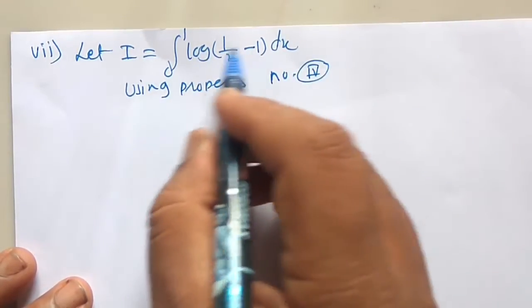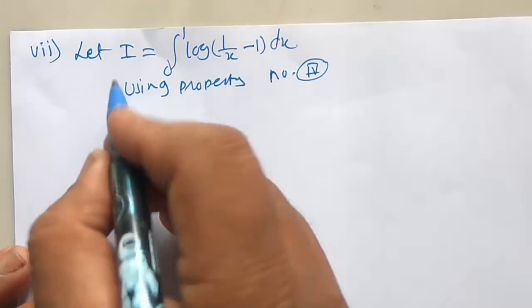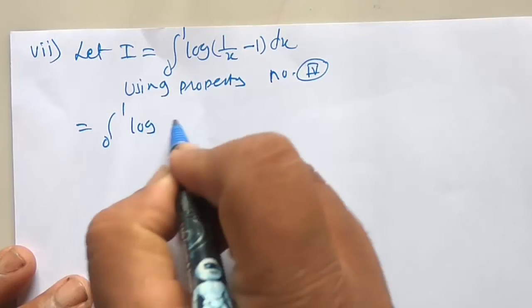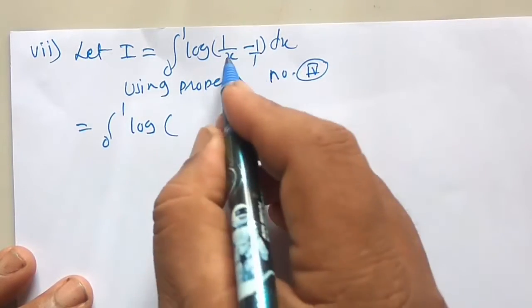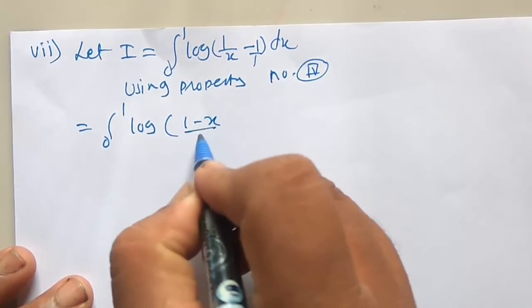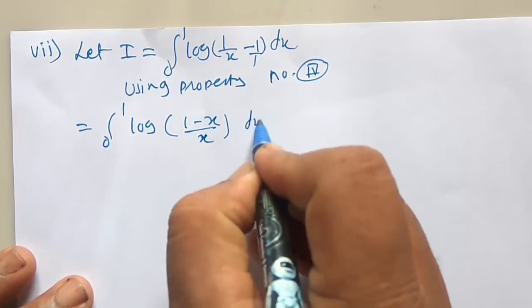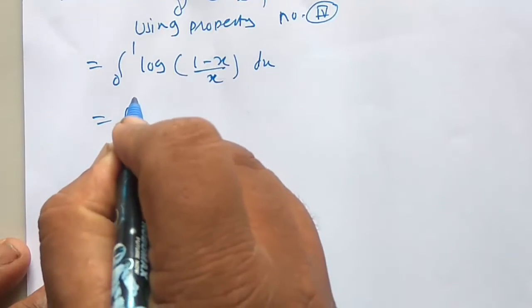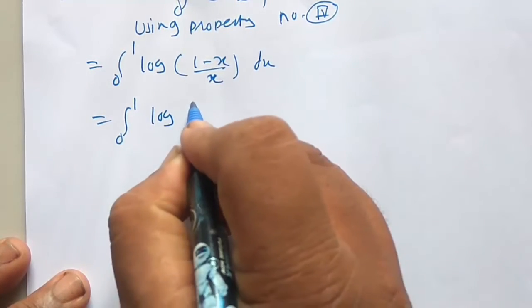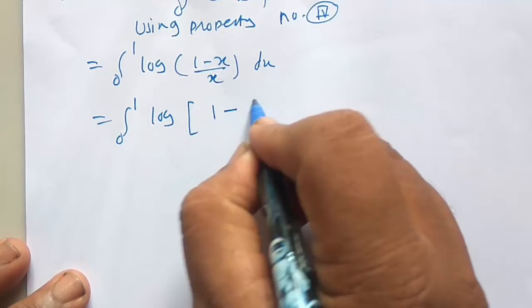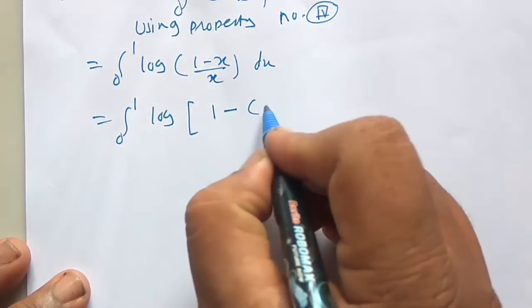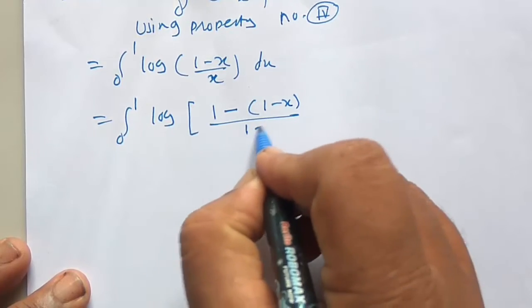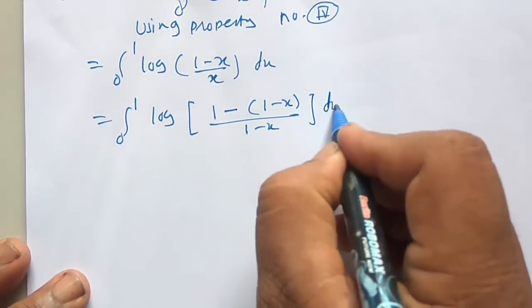Before that, we first simplify this and then we use the property. It is equal to the integral from 0 to 1 of log of, LCM is x, so (1 minus x) upon x dx. Now we use the property: it is equal to the integral from 0 to 1 of log of (1 minus (1 minus x)) upon (1 minus x) dx.